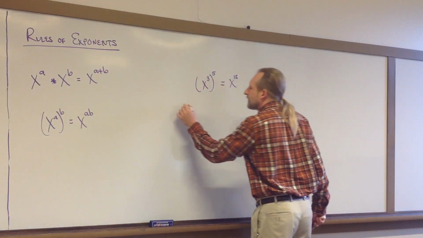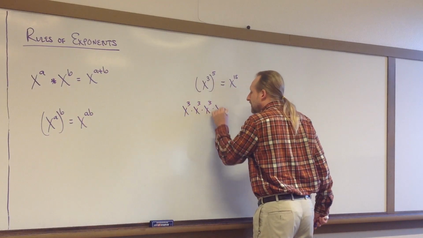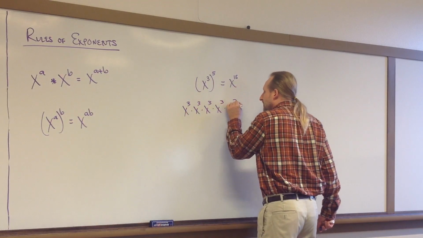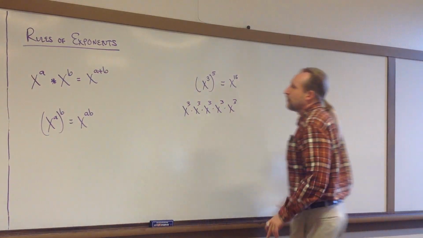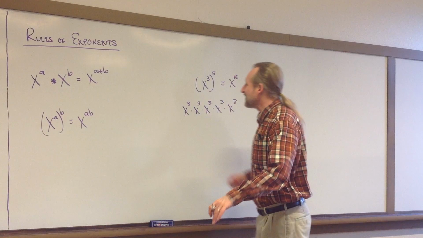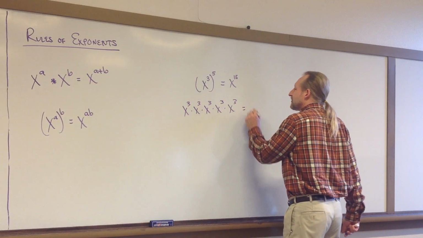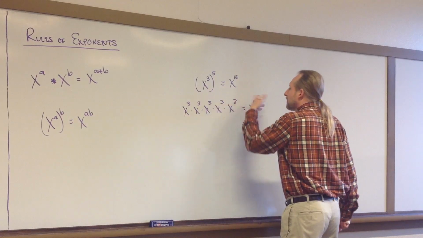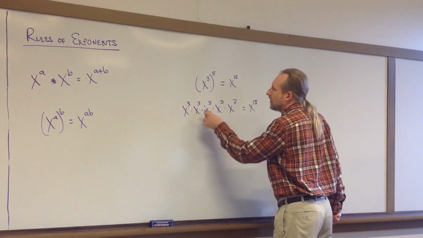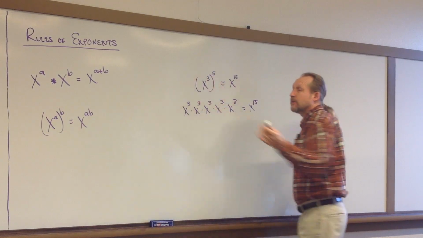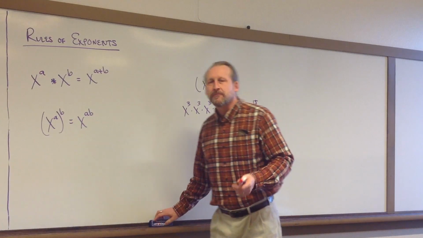X to the 3rd raised to the 5th power is going to be x to the 3rd times itself 5 times. So then we go back to our first property of exponents, x to the 3rd times x to the 3rd, and so forth. Add these all up, you get x to the 15th. It's the same thing about how multiplication can be thought of as repeated addition. So that's where these properties are coming from.